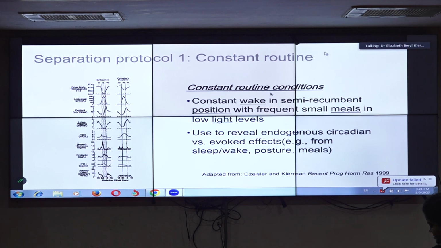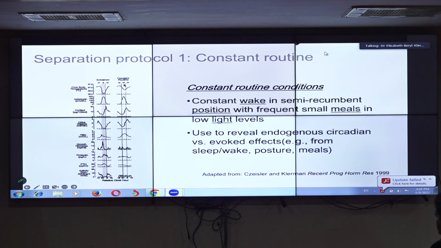Let's look at an example where people are under an entrained 24-hour light-dark cycle, or under a constant routine. Here are all the variables that we measure. These gray dots are when somebody would usually be asleep, and they actually were asleep because they were under entrained conditions with wake, sleep, and wake.